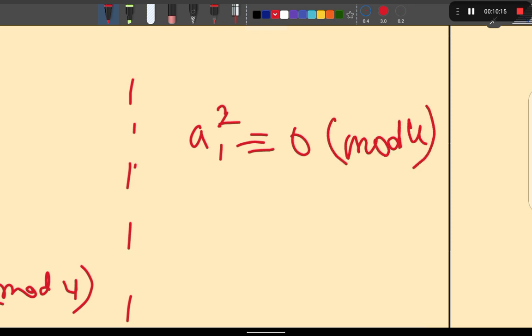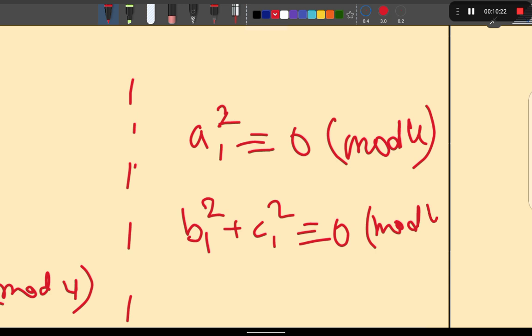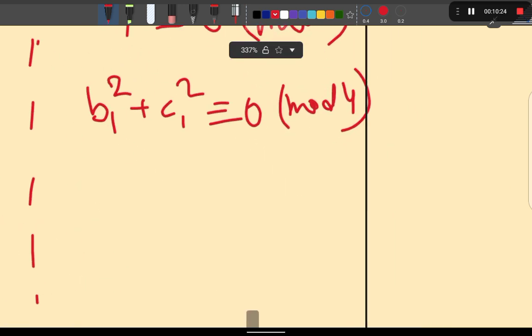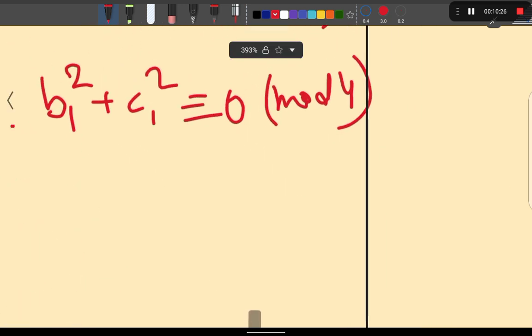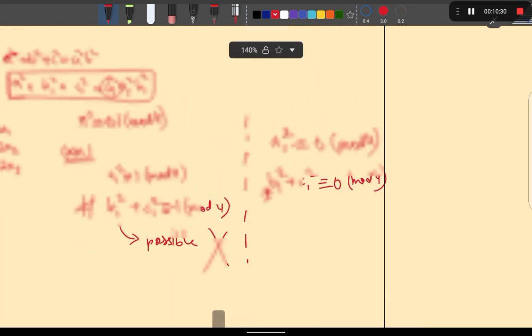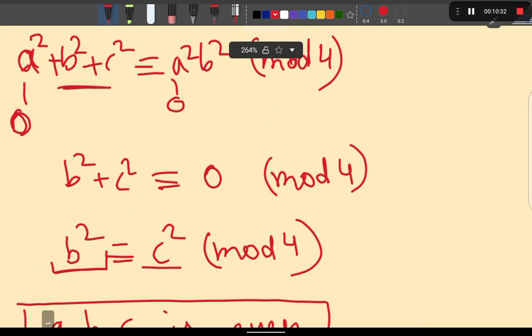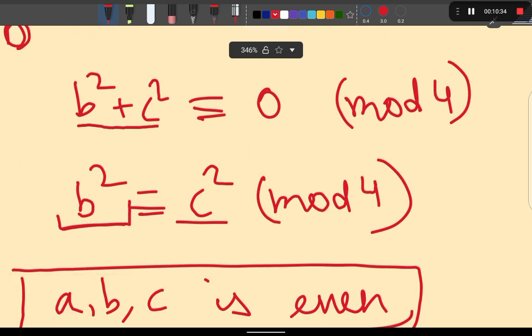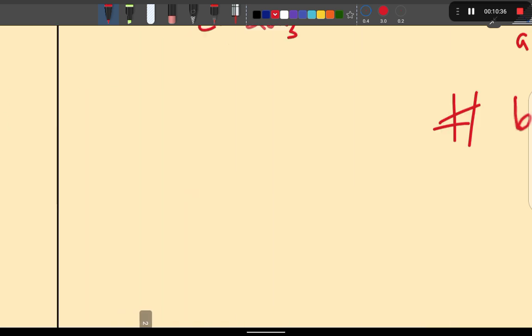and then we have the next case, which is a1 square congruent to 0 mod 4. Then we have b1 square plus c1 square congruent to 0 mod 4. Does it look familiar to you? b1 square plus c1 square congruent to 0 mod 4. We got it here: b square plus c square congruent to 0 mod 4.